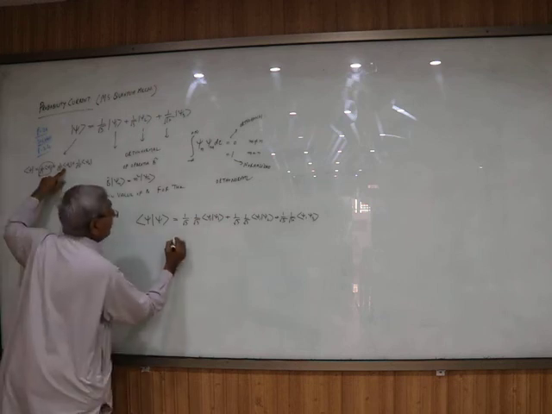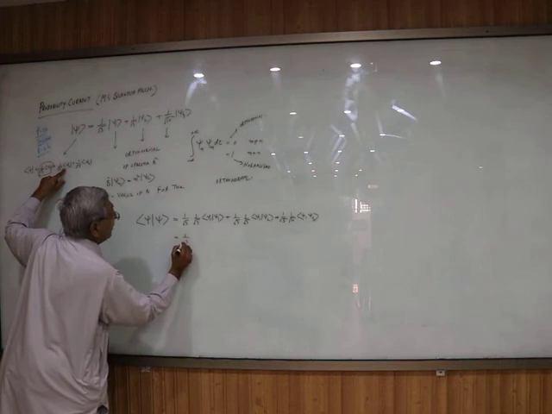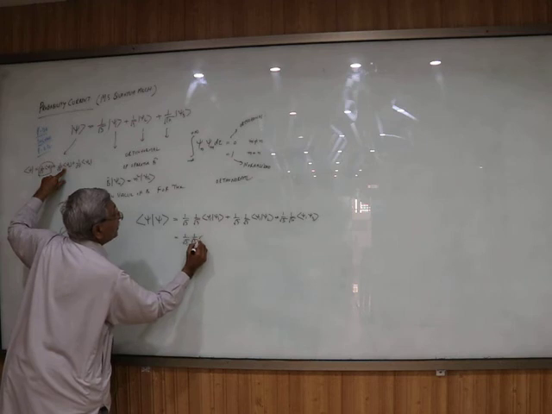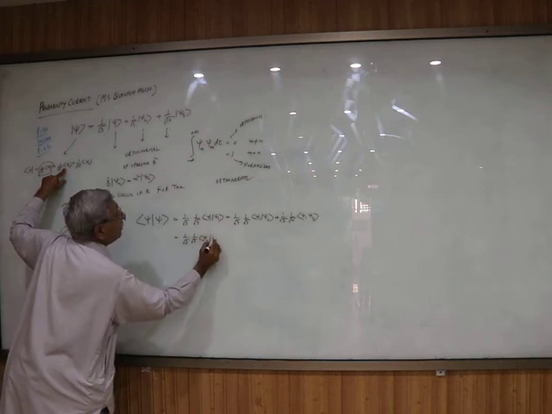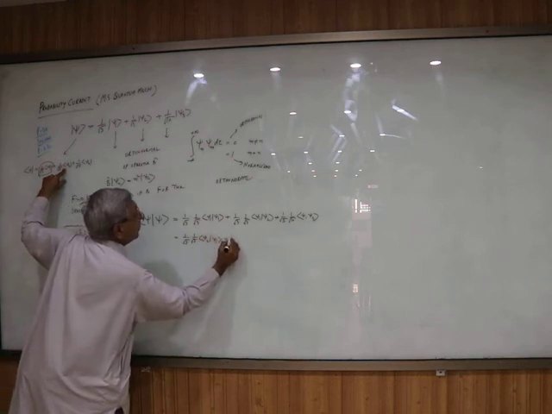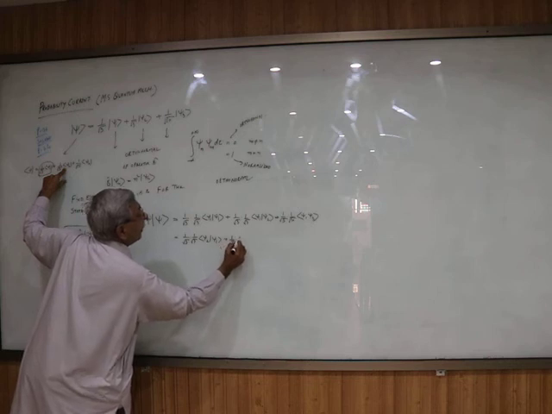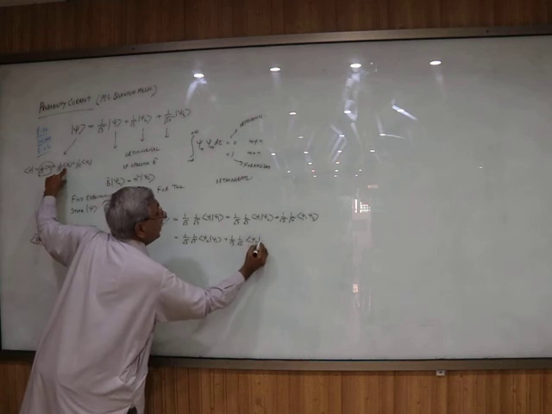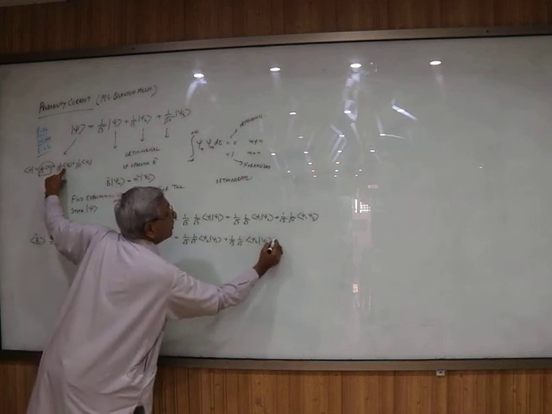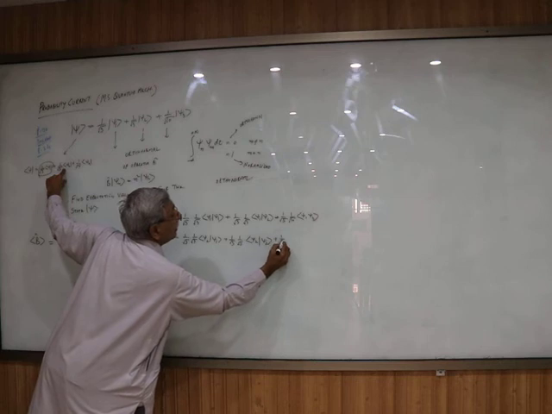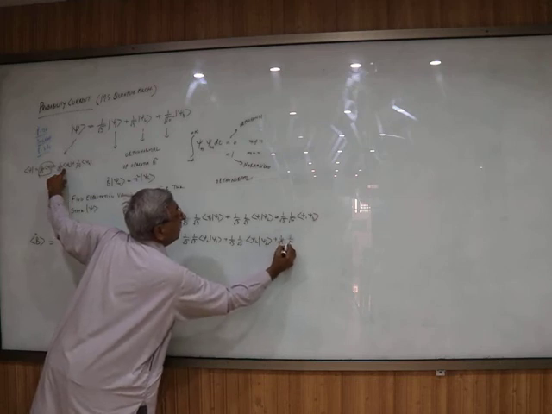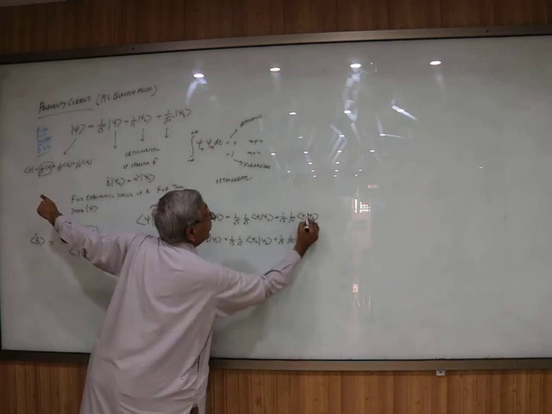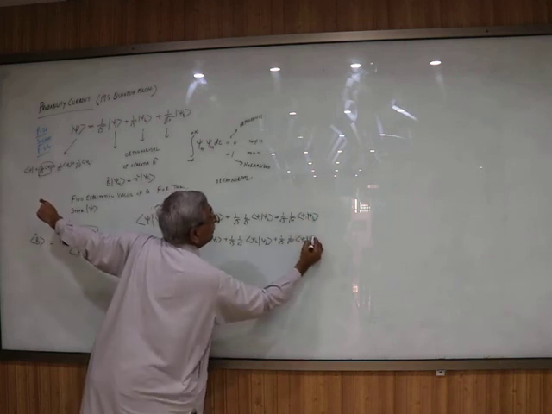So it will be 1 over square root of 3 times 1 over square root of 3 psi 2 psi 1, plus 1 over square root of 3 times 1 over square root of 3 psi 2 psi 2, plus 1 over square root of 3 times 1 over square root of 10 psi 2 psi 3.